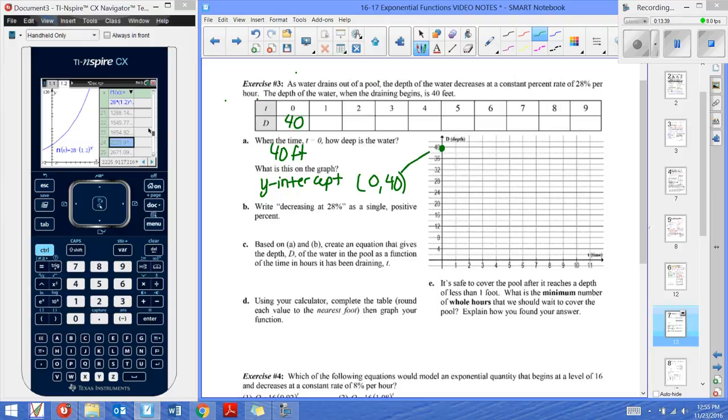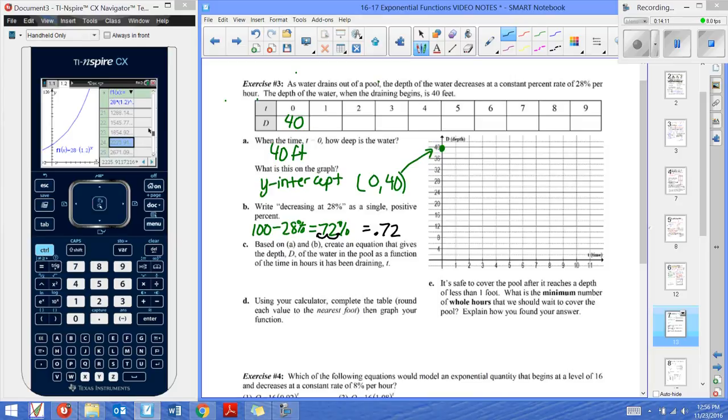Let's draw an arrow. Okay, B says write decreasing at 28% as a single positive percent. What do we compare to? You guessed it, 100% minus 28%, which would be 72%. And just because we should know by now where this is going, let's convert it to a decimal, so 0.72.